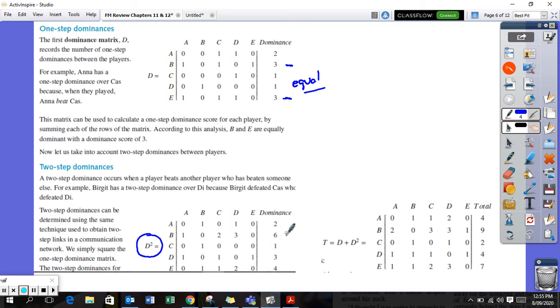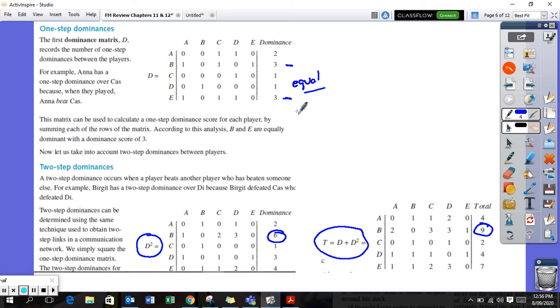B then becomes the dominant player because he's beaten people who have beaten other stronger people more often than E has. Once again, when we combine the one and two-step dominances together, that makes B the outstanding player in this situation.